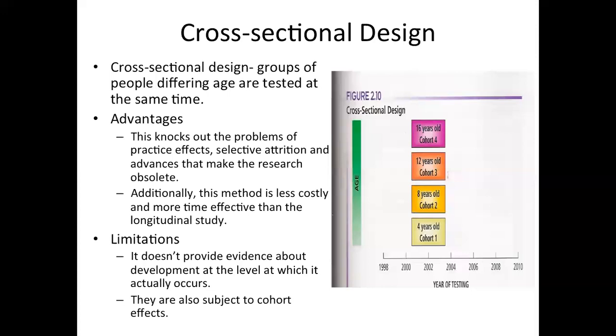So we don't get the evidence about development, maturation, competency, and things like that. The other thing is we talked about cohort effects. They're still there. Just because you're measuring different age groups doesn't mean that the cohort effect is gone. It still could be present. So we still have to be mindful of cohort effects and how that influences the multiple groups.